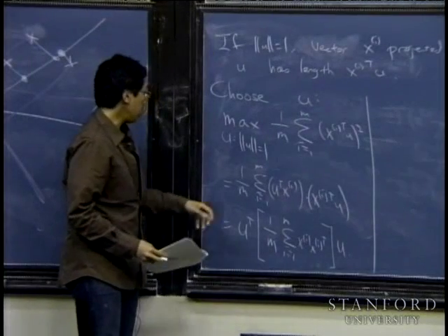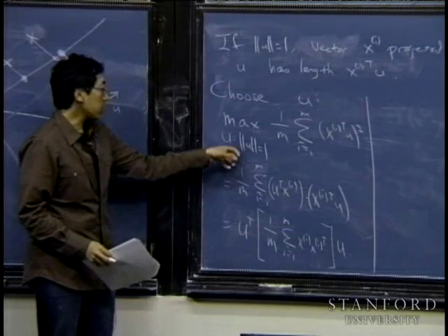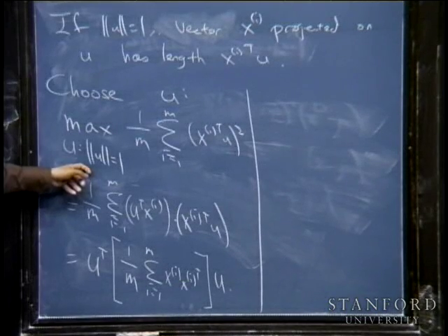So I want to maximize U transpose times some matrix times U, subject to the constraint that the length of U must be equal to 1.